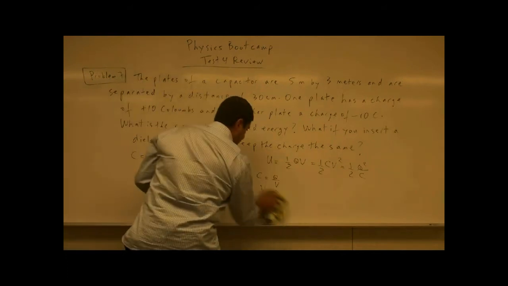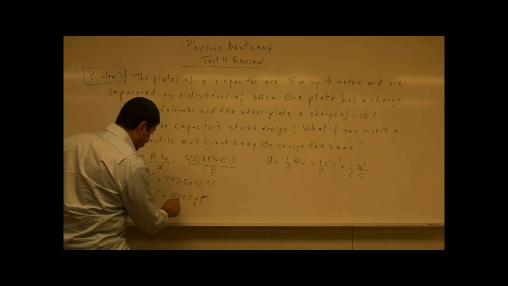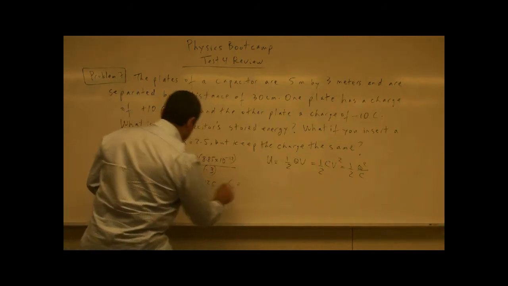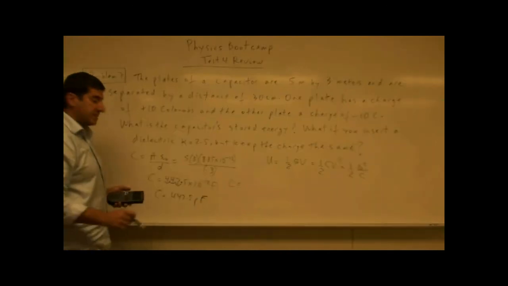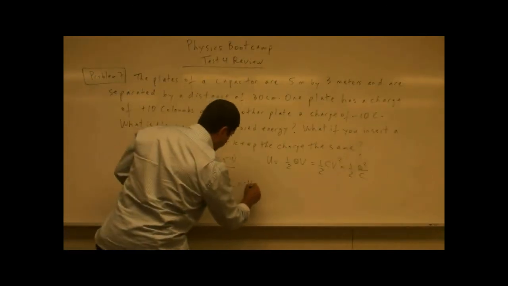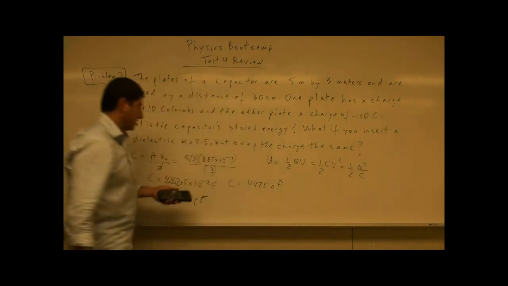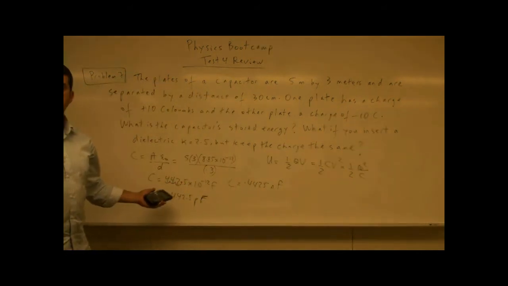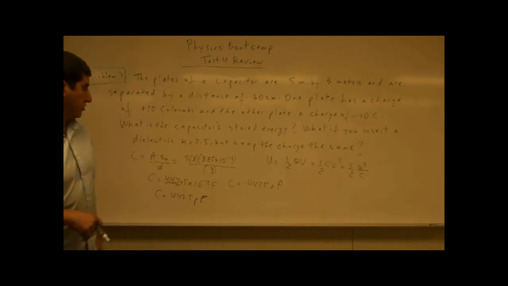Or you can express that as, if you go back 3 spaces, 1, 2, 3, then it'll be 10 to the minus 9. So it'd be 0.4425 nanofarads. Because if you go back 3 spaces, you get 10 to the minus 9, and 10 to the minus 9 abbreviated means nano.